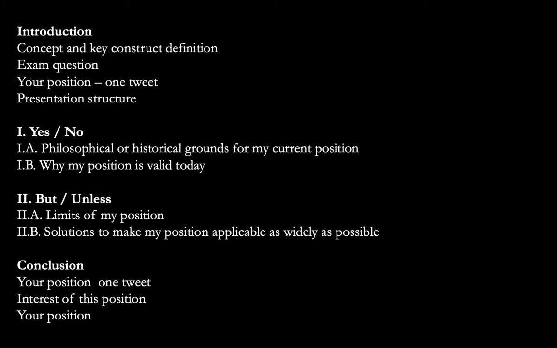Then 2b. Now that you know the limits, the boundaries of your position, of your answer, you should be capable of articulating some solutions to make your position applicable as widely as possible. That is, knowing that my position is imperfect, I can amend it in certain ways so that it is more widely acceptable.